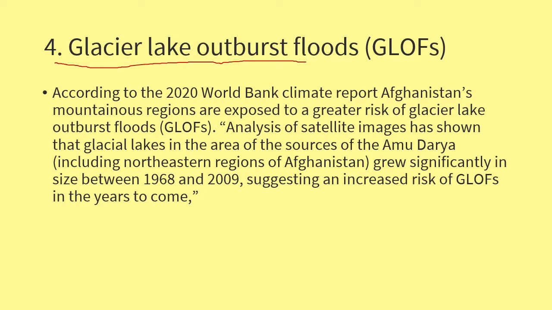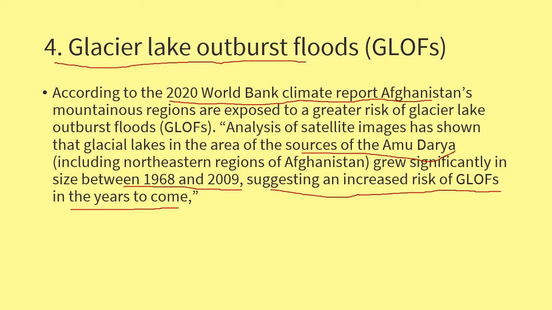We can take an example from Afghanistan. According to the 2020 World Bank Climate Report of Afghanistan, an analysis of satellite imagery has shown that glacial lakes in the source region of the Amu Darya River, which is the main river of Afghanistan, grew significantly in size between 1968 and 2009, suggesting an increasing risk of glacial lake outburst floods in the years to come.